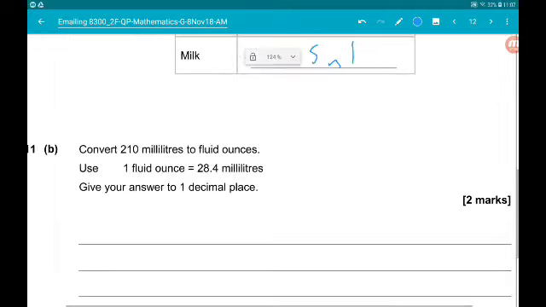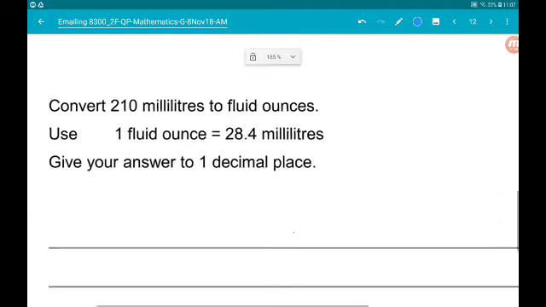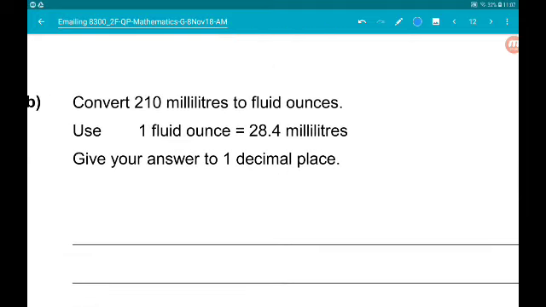Part B, 2 marks. Wants us to convert 210 millilitres to fluid ounces. Use 1 fluid ounce is 28.4 millilitres. Give your answer to 1 decimal place. Okay, so what we need to know is how many lots of 28.4 are there in 210.